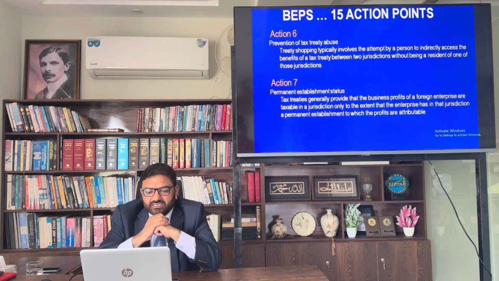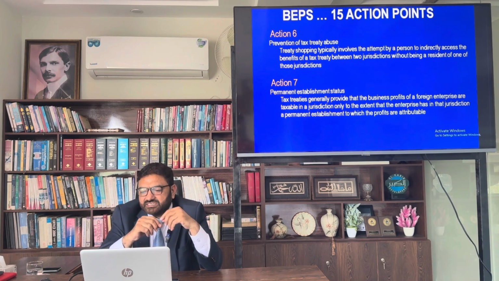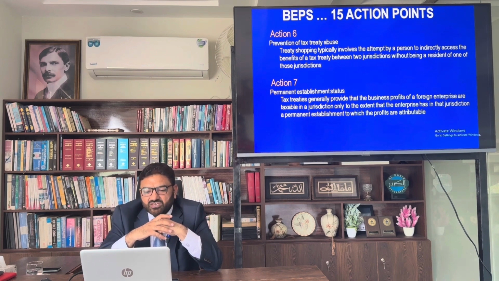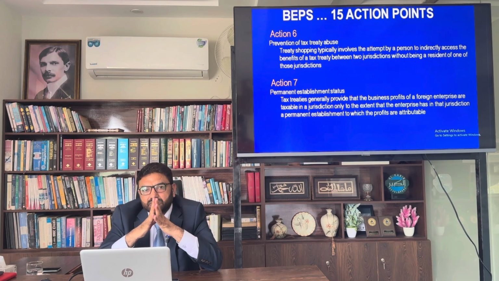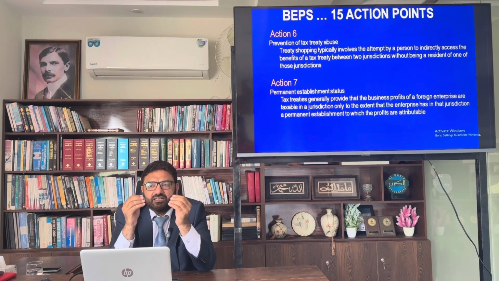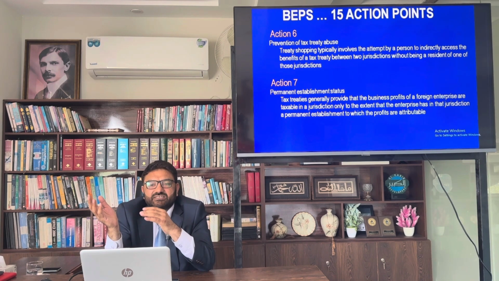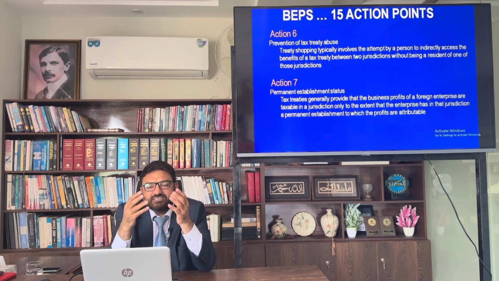Action 6, prevention of tax treaty abuse. That is a very good point, that treaty shopping typically involves attempts by persons to indirectly access the benefit of a tax treaty between two jurisdictions without being a resident of one of those jurisdictions. Some companies are established in two different countries, where their base country is not their resident country.